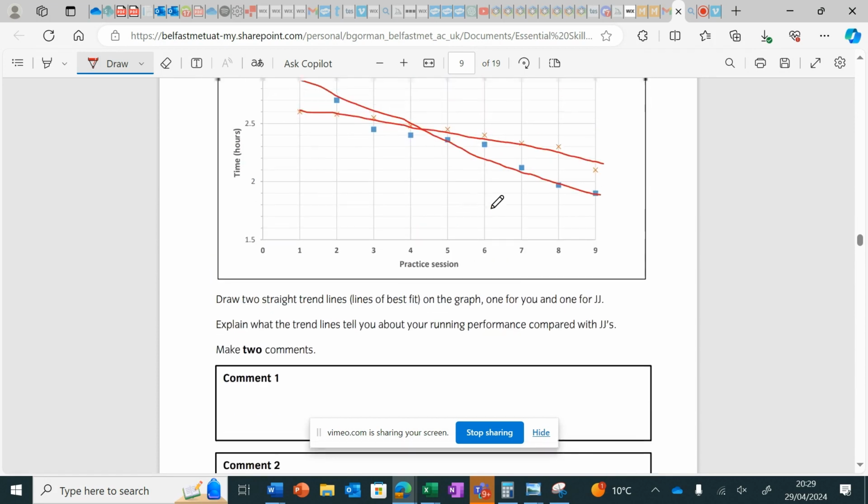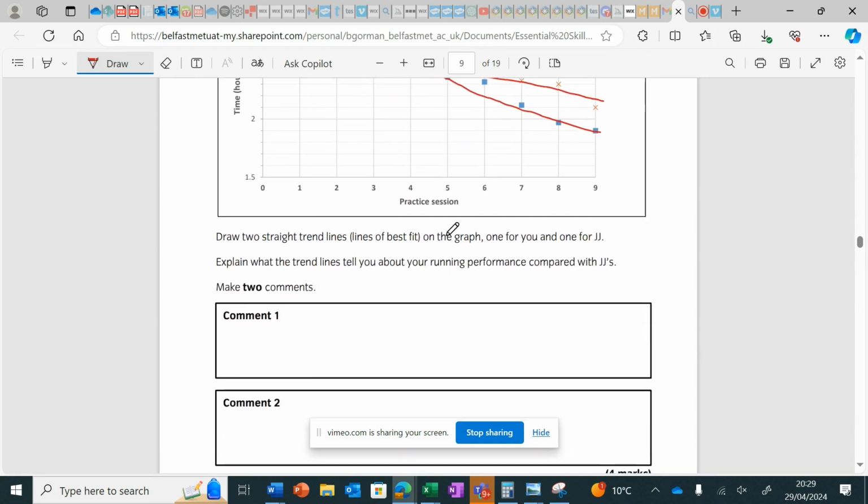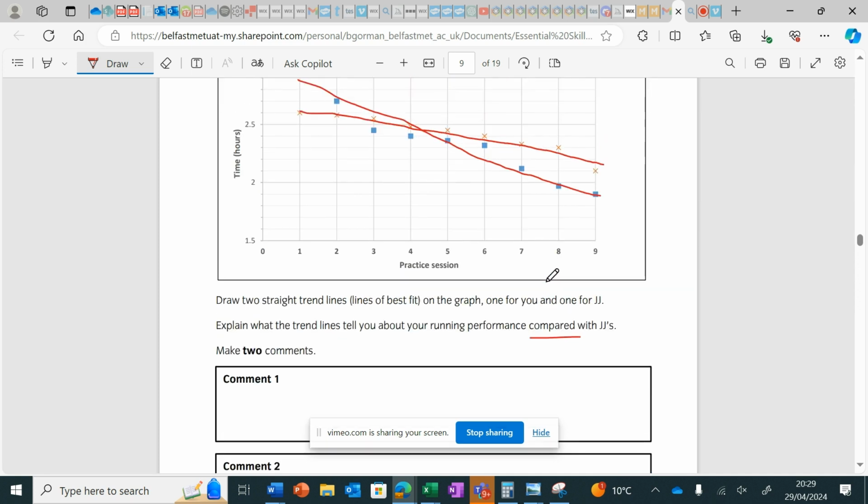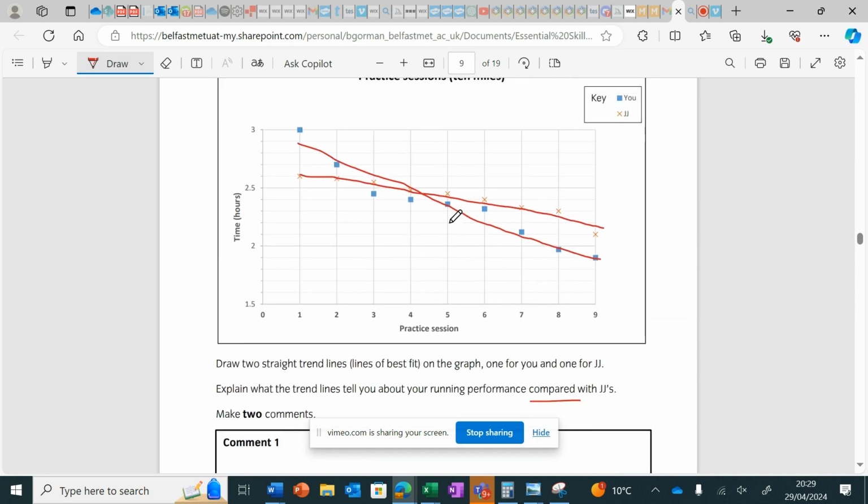Now it says make sure the straight lines are drawn with a ruler. It said write 2 comments to compare, and very few people compare JJ's results with their own. Well, you and JJ. So JJ is here, and you can see his times are getting better the more practice sessions he does. And your times are also getting better, but slightly better than JJ.